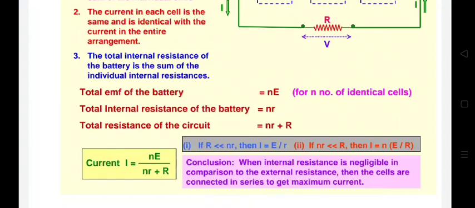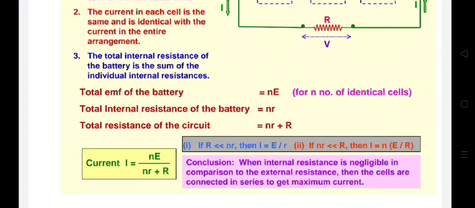Now the second condition could be the internal resistance is very large as compared to the external resistance R. Then we'll ignore capital R. Now what will we get? We'll get I is equal to nE upon nr, and n cancels.